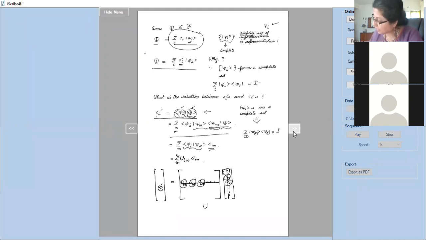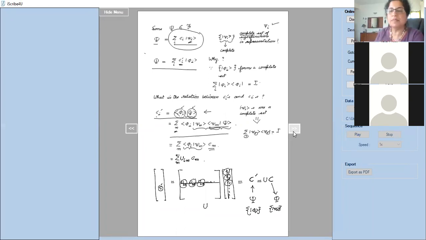So if I want to write it as a matrix, I can write it as C prime is equal to U C, where the C prime represents psi in the basis set of phi i, and the C represents psi in the basis set of psi i's.